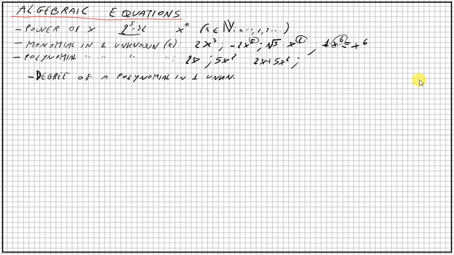However, if I consider these monomials, 2x and minus 5x squared, and I now decide to apply an algebraic difference of the first minus the second, I will have 2x minus minus 5x squared, which is 2x plus 5x squared.